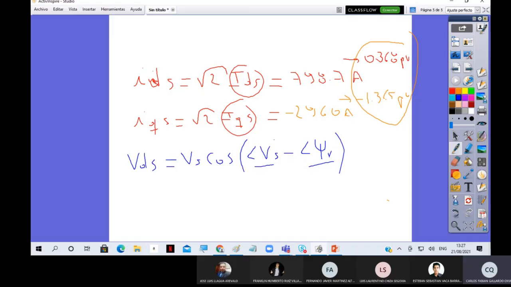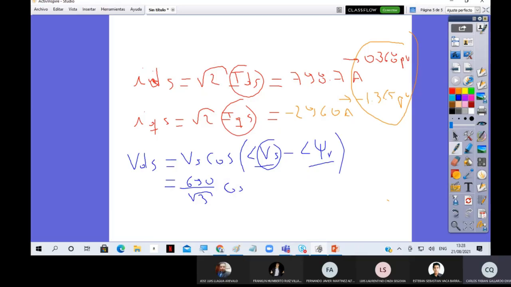We have already computed this value and this value. Do you remember, this is the reference, right? This is the output voltage of the wind turbine, 690 volts. But we are working per phase, so I need to divide it by the square root of 3. So for this one, per phase analysis, cosine.